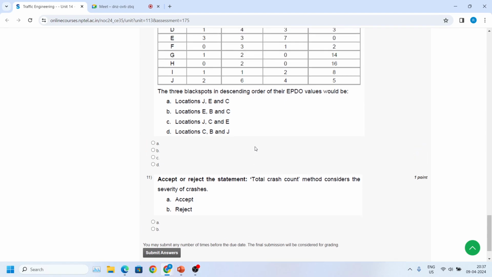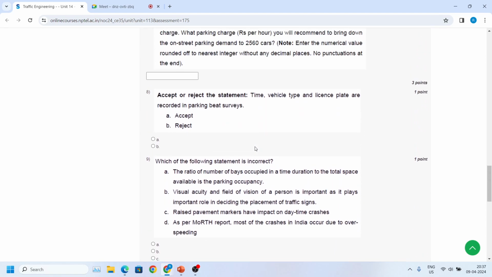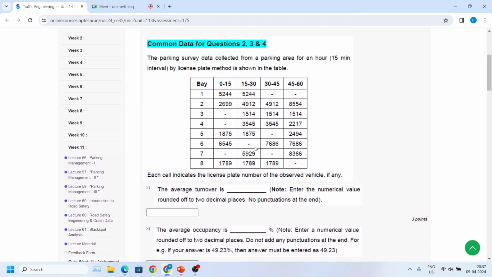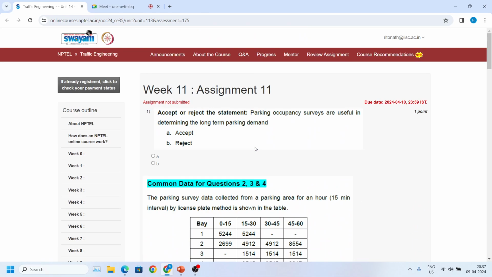So this assignment is very simple, I think, and everything has been discussed in the class. So any doubts related to this assignment, you can ask. Otherwise, I think I've solved most of the things today.